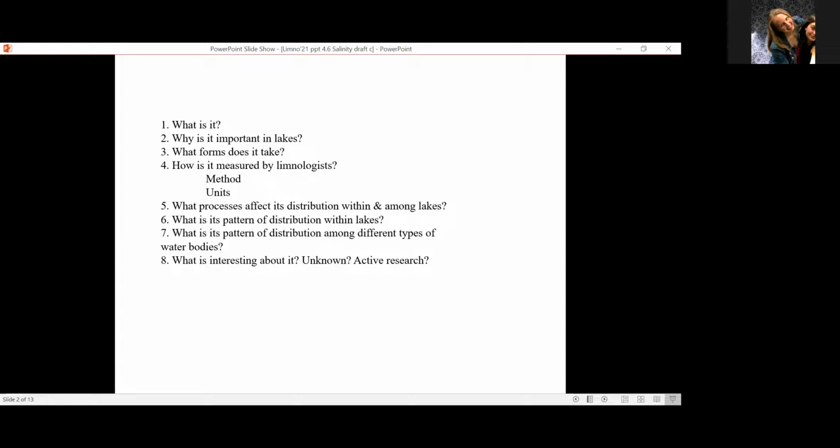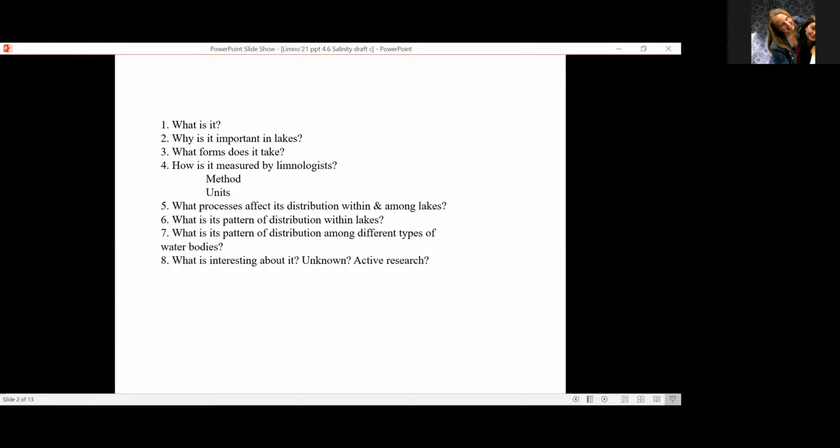It's all of the dissolved ions, particularly calcium, magnesium, sodium, and potassium. Those are your big natural cations. And then carbonate and bicarbonate, chloride, and sulfate. Those are the big 4 ions. And I'll show those to you on a slide in a moment. So that's what salinity is.